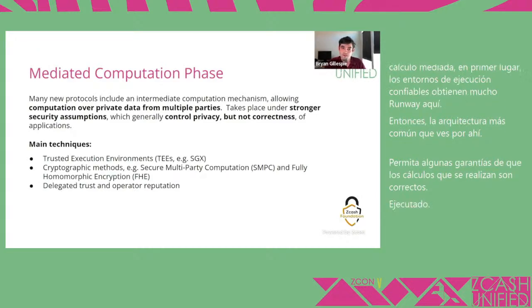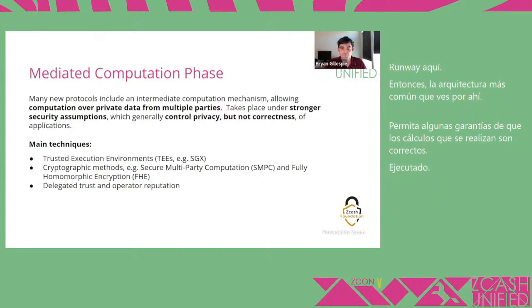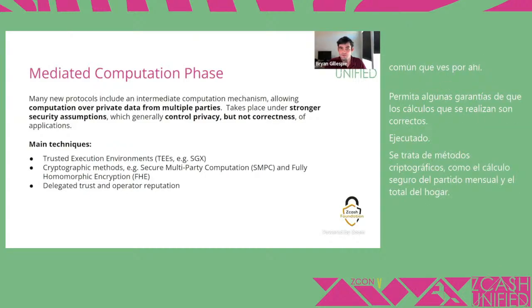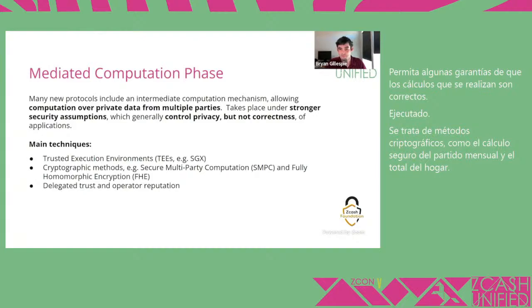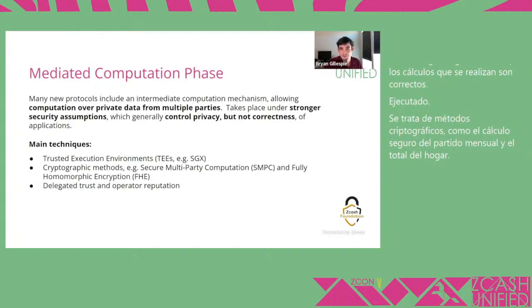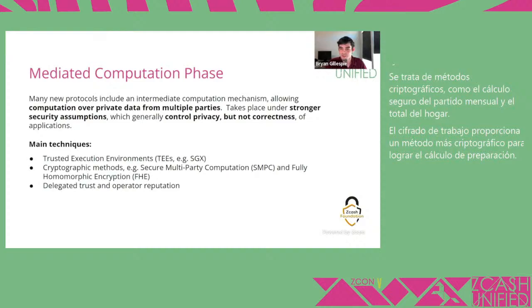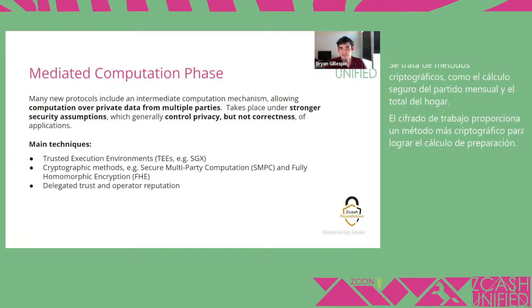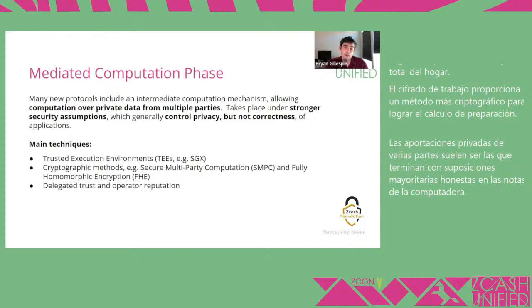Advanced cryptographic methods such as secure multi-party computation and fully homomorphic encryption provide a more cryptographically based method to achieve private computation over private inputs from multiple parties. Typically, these are where you end up with honest majority assumptions on the compute nodes, and so these are additional security assumptions for the privacy that you end up with.